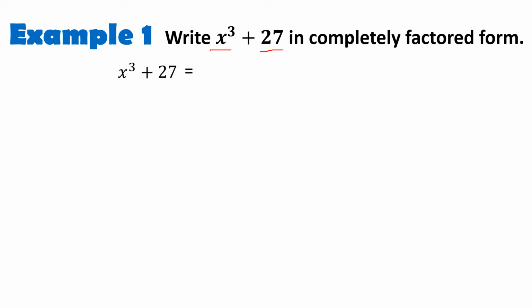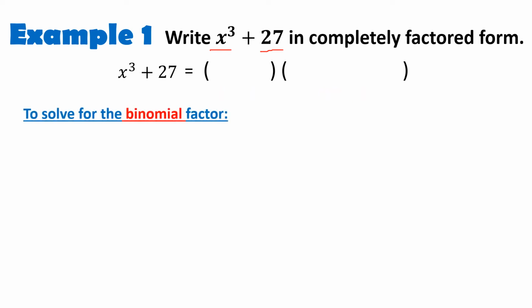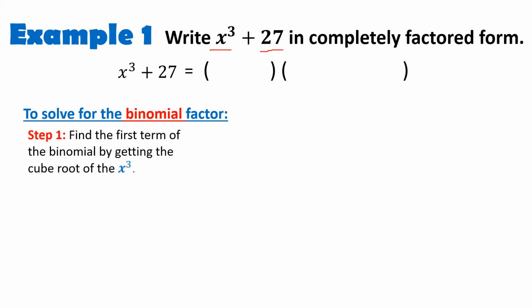Remember that the factors of the sum of two cubes must consist of a binomial and a trinomial. To solve for the binomial factor, step 1, find the first term of the binomial by getting the cube root of x cubed, which is equal to x.